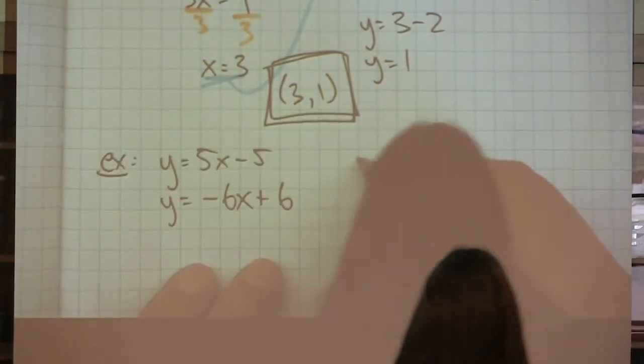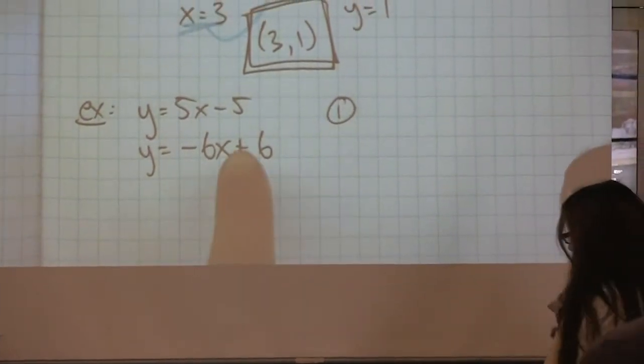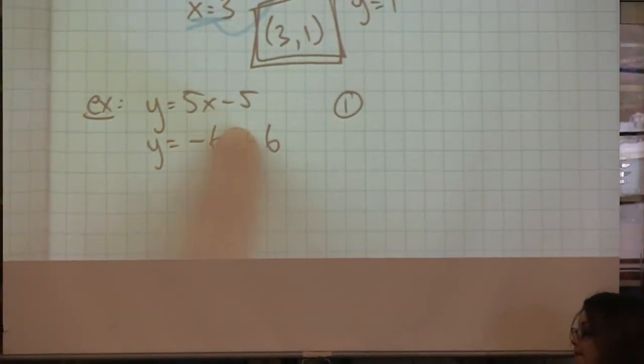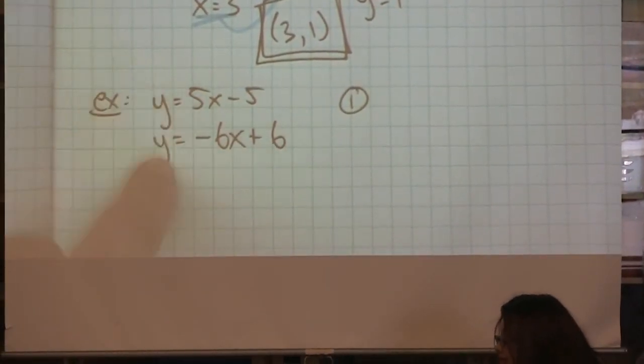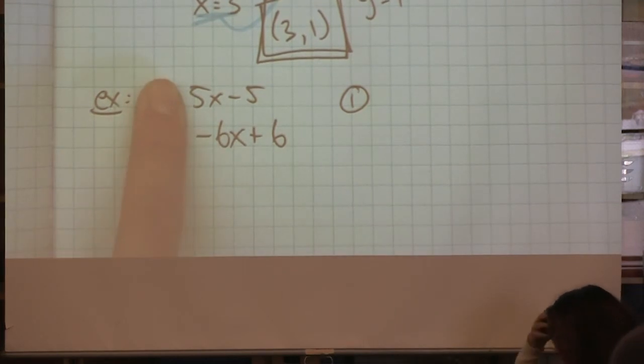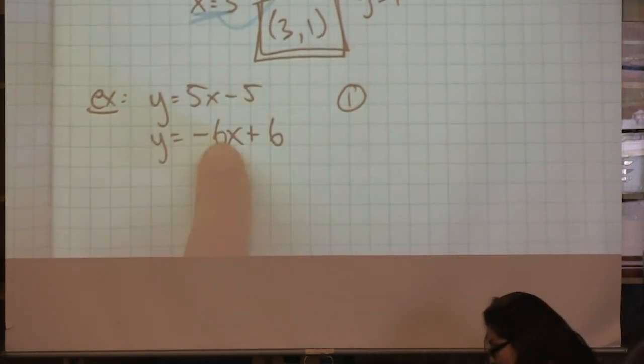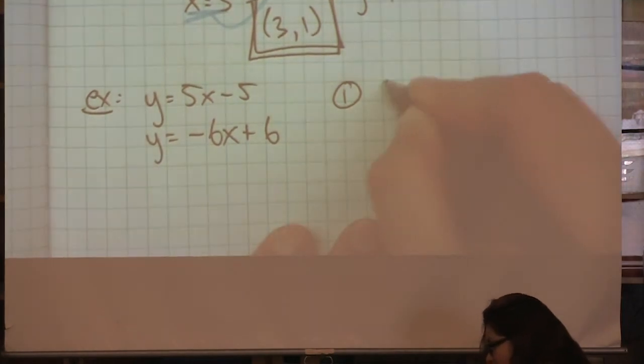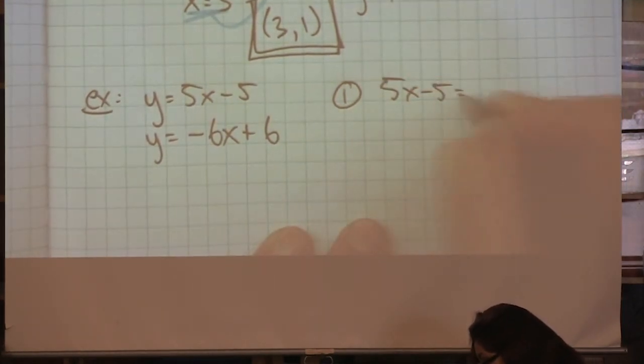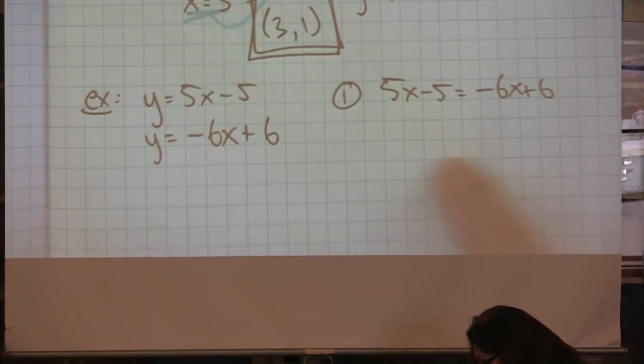That first step, you have two different things that are equal to the same thing. They're both equal to y, so these two things are equal to each other. I'm saying this is equal to this, and that's the equation we're solving.